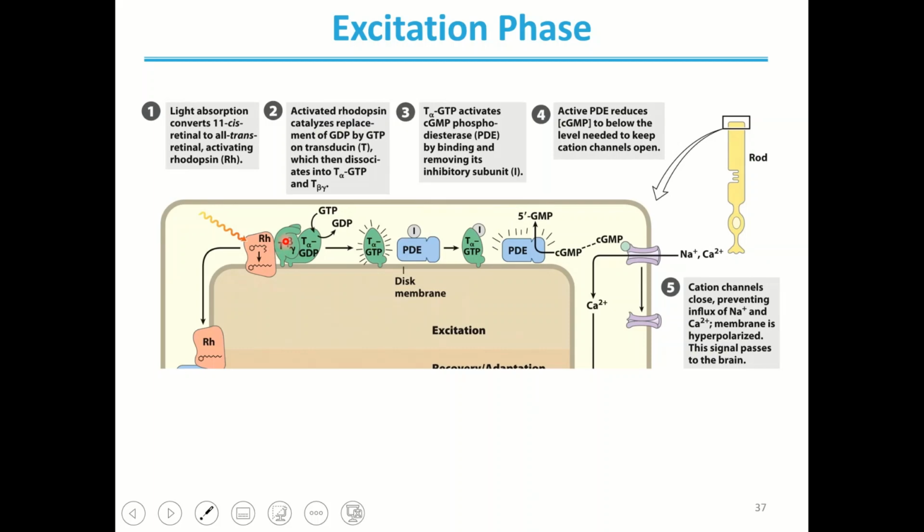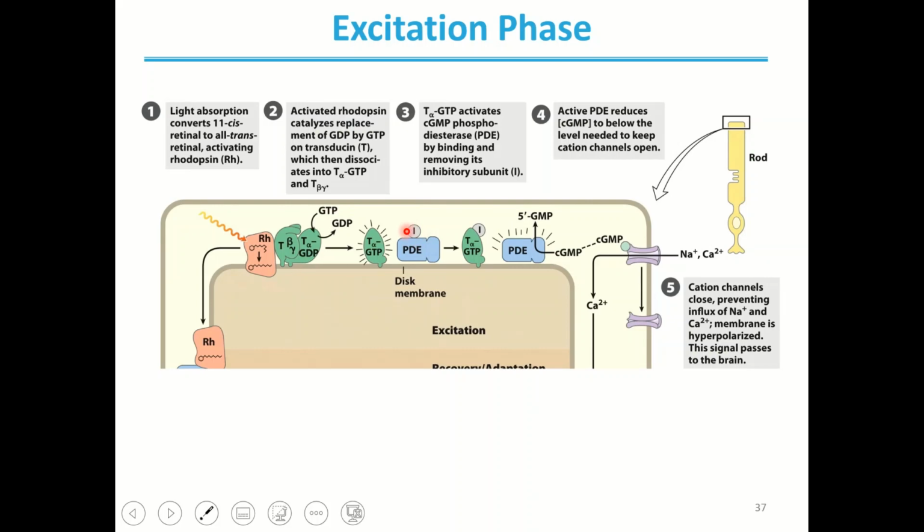Okay, and that change in conformation of the ligand then changes the structure slightly of that receptor, and that's transduced into a structural change in transducin, in the alpha subunit. GTP can then bind, which activates transducin alpha, which is again the G protein. That then goes and activates the enzyme PDE, phosphodiesterase, and we've seen that. And how it activates it is a little bit unique.